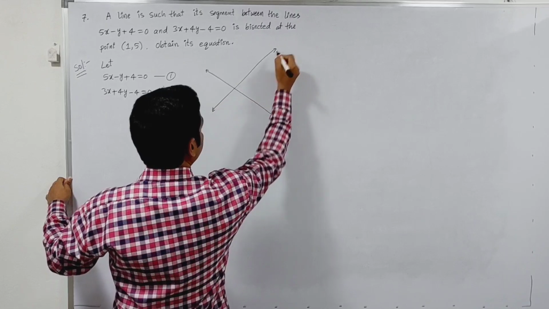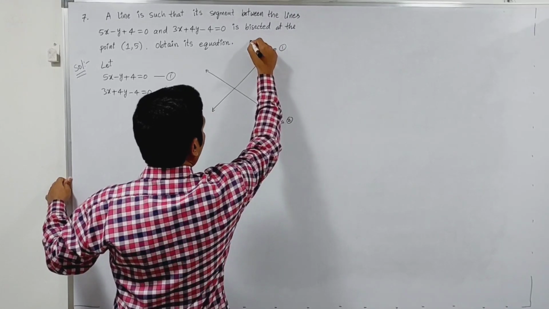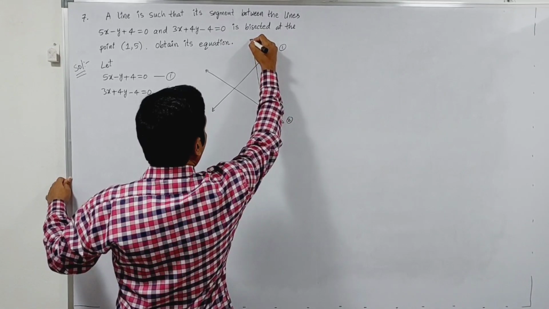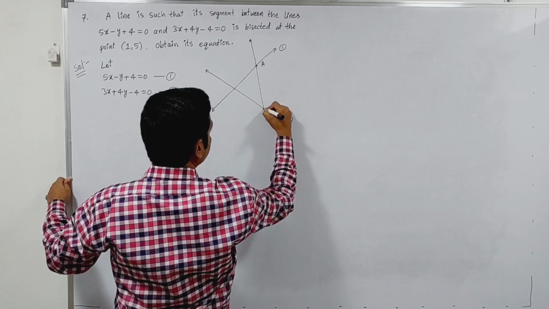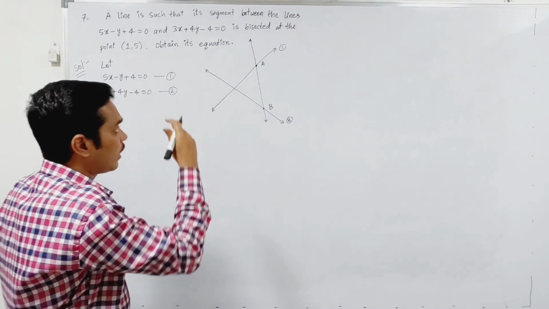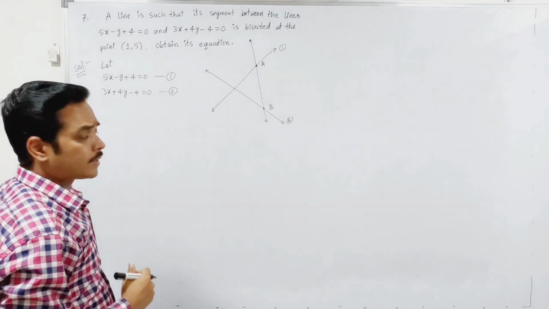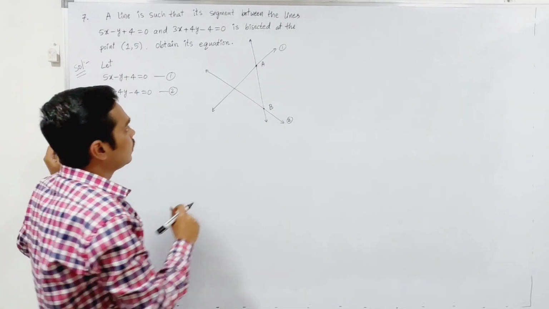The required line cuts the first equation at A and cuts the second equation at B.